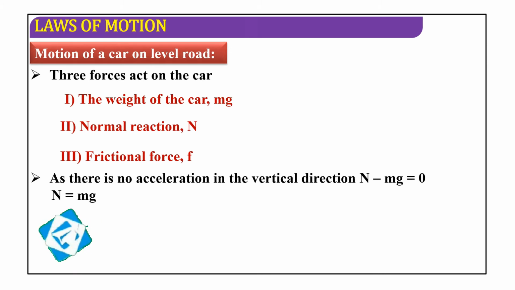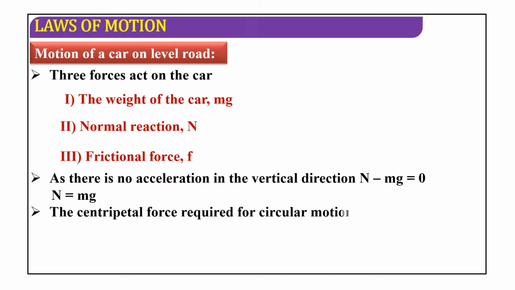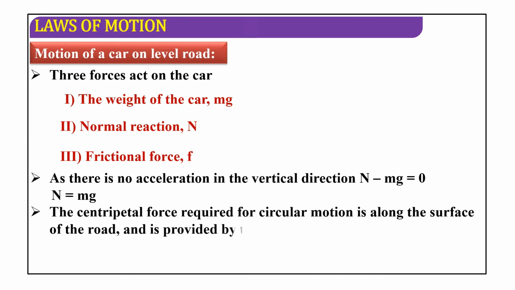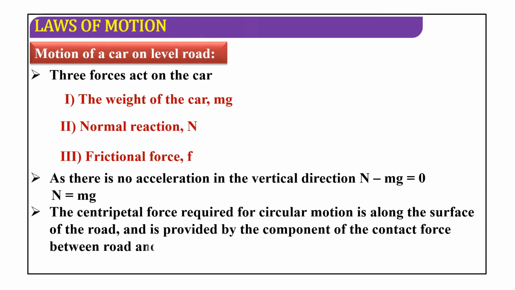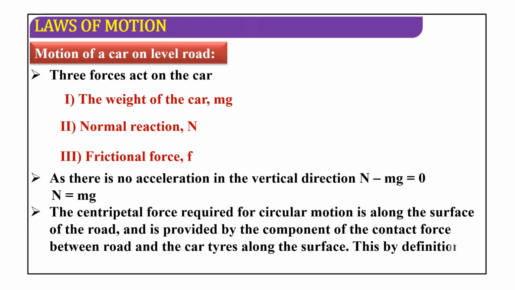So normal reaction N equals the weight of the car, that is mg. The centripetal force required for circular motion is along the surface of the road and is provided by the component of the contact force between the road and the car tires along the surface. This by definition is frictional force.